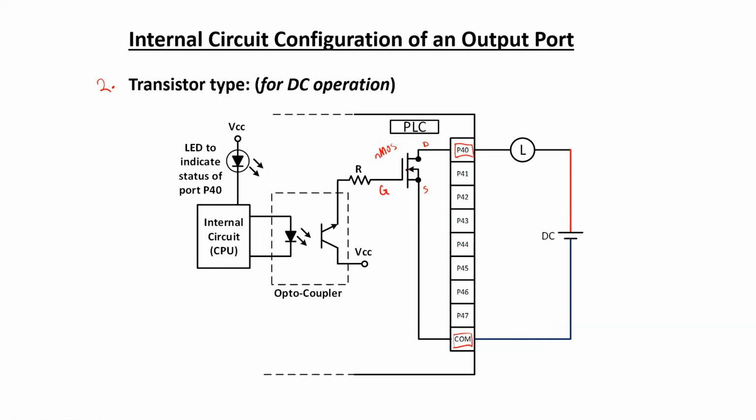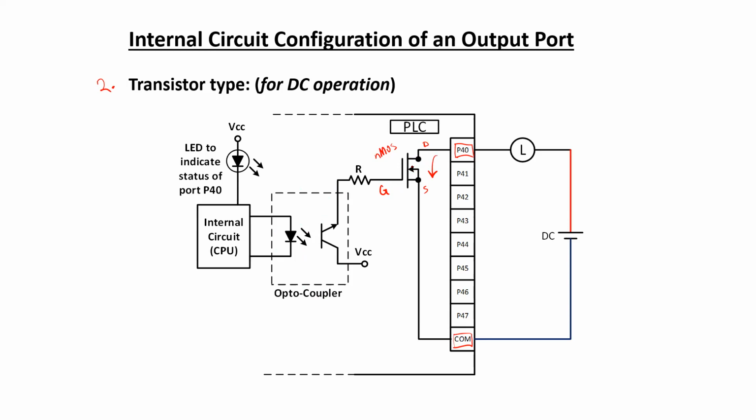The gate signal for the NMOS is going to come from this optocoupler. When the optocoupler is sending some signal to the gate of the MOSFET, upon getting sufficient gate signal, the MOSFET can draw current from its drain to source.